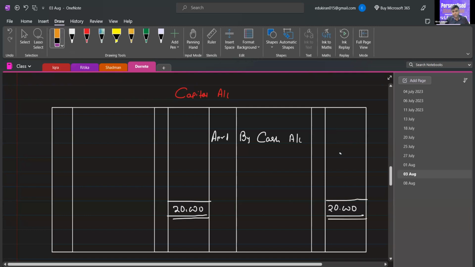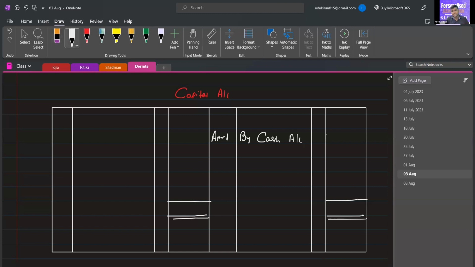Very good. You remember the amount. So you have copied the amount, the transaction. Yes, sir. Very good. So 50,000. Now on the debit side, balance will be calculated.